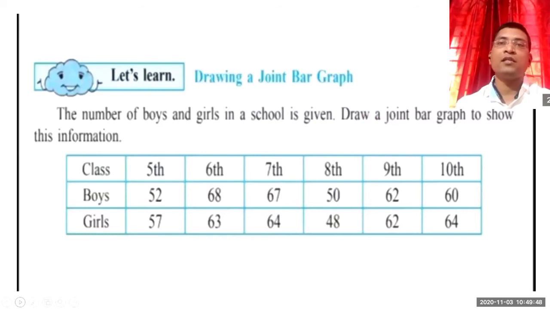So before drawing the joint bar graph, we have to take a graph paper, pencil, and scale. On the graph paper we have to draw the x-axis.